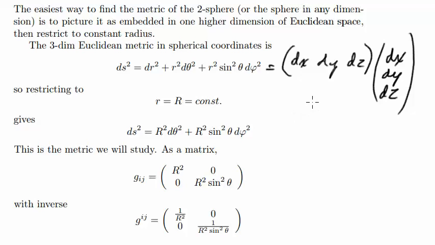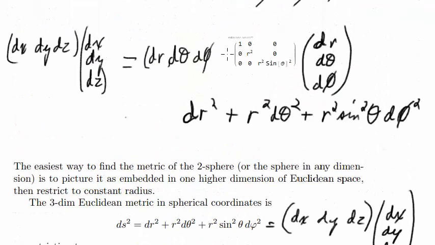Now, can we still say anything about this? Because he's introducing a new two-dimensional metric, and that became dr, d theta, d phi, 1, r squared, sine theta. So what did he do? He's basically just eliminating that column and that column by setting dr equal to 0.